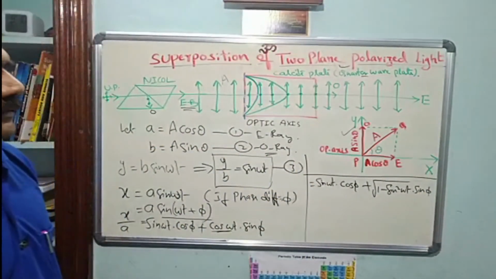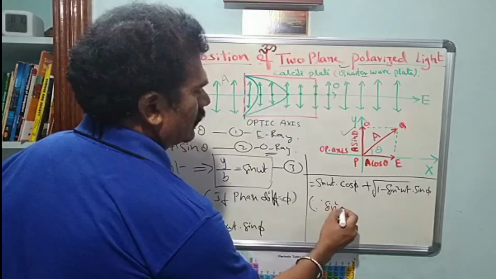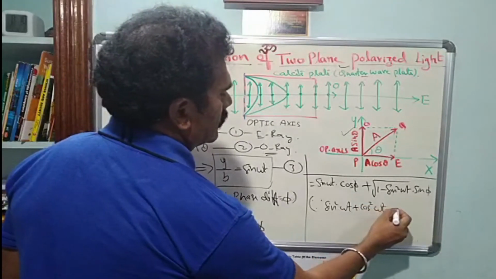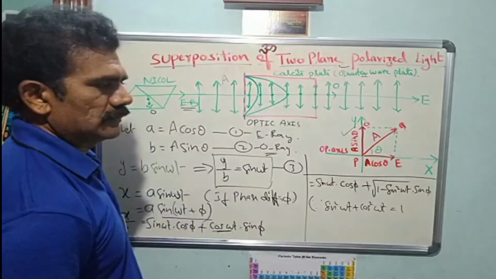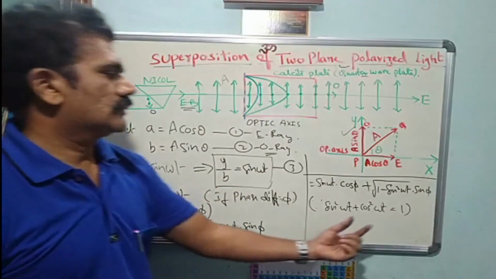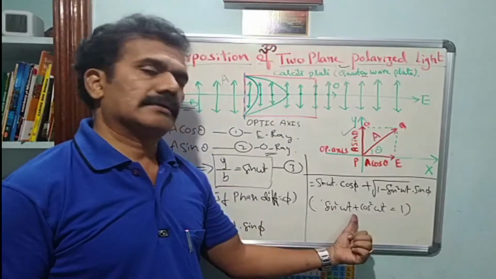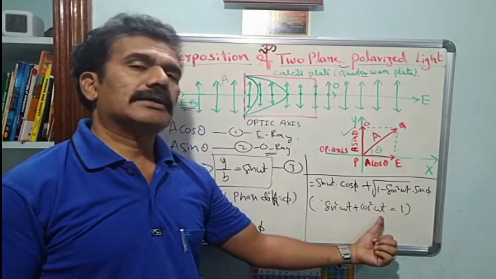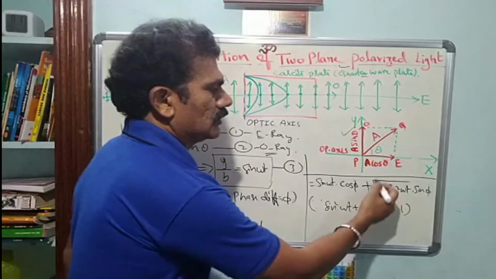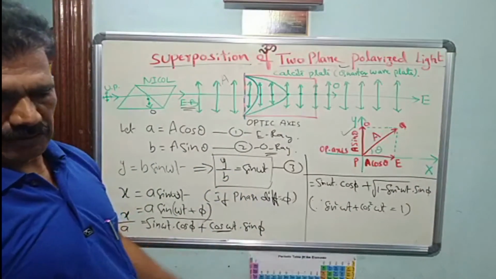Can write like that, correct? Since sin square omega t plus cos square omega t is equal to 1, cos square omega t is equal to 1 minus sin square omega t. If I want only cos omega t, then you have to take the square root. That is why there is a square root here: square root of 1 minus sin square omega t into sin phi, as in this equation. Clear?